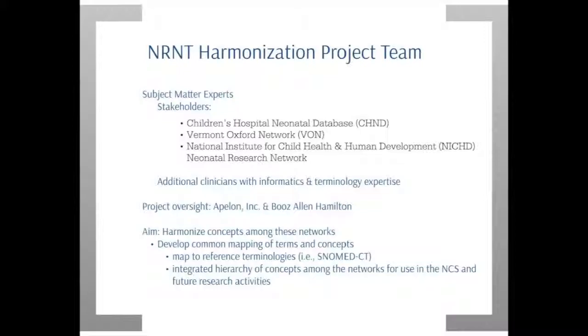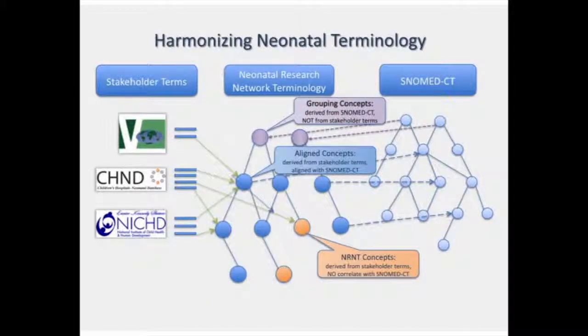What's the concept that we can identify? And what we found is we had a good overlap with aligned concepts. We had some concepts that were unique that had not yet been mapped, or we didn't find an entity within SNOMED. And then we also added a few other grouping concepts to facilitate later grouping for analytic purposes.